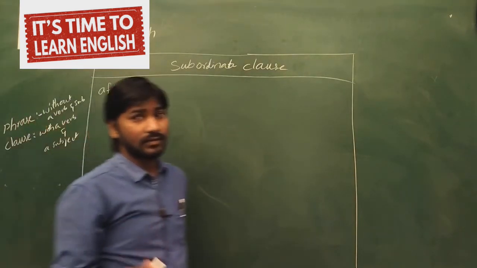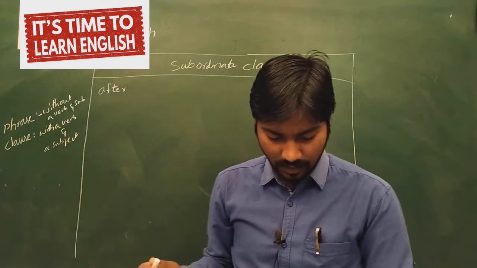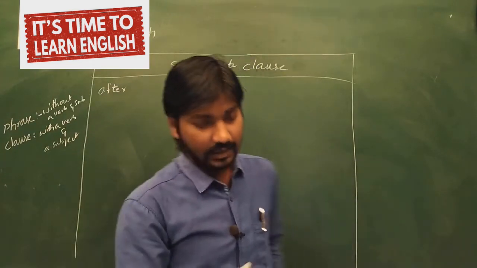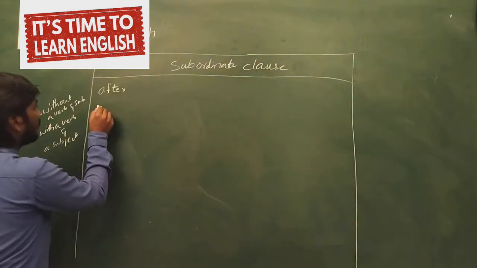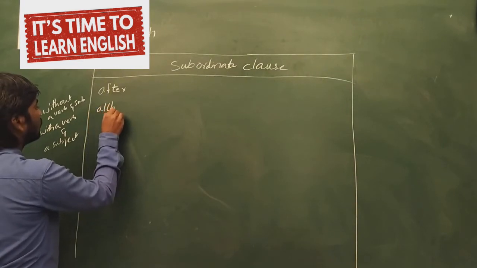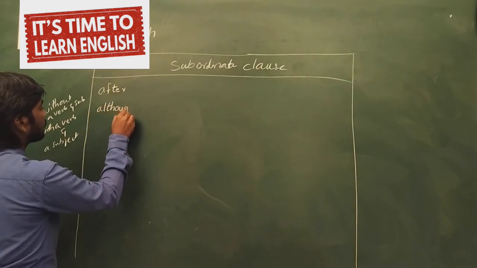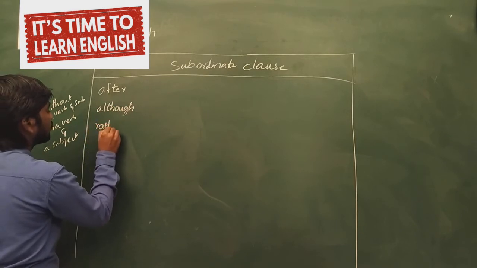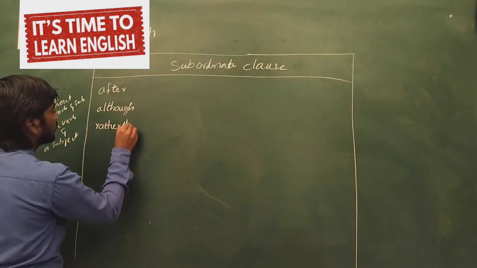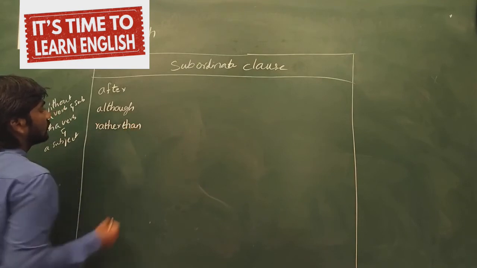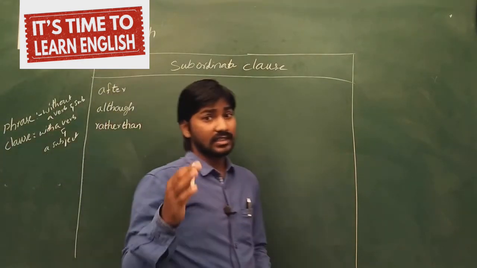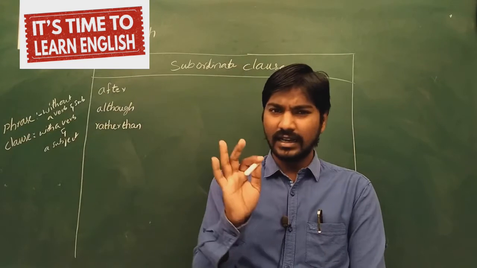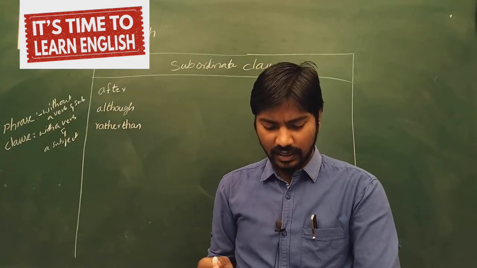We will get this type of words when we are talking about a subordinate clause. If you get this type of word in your sentence, definitely it will be a subordinate clause.